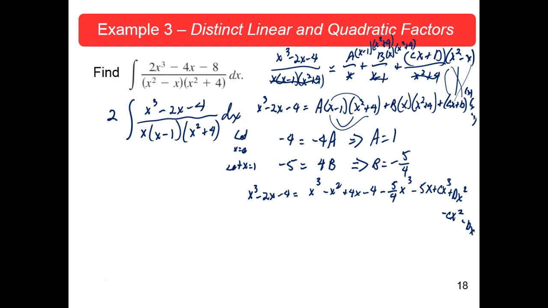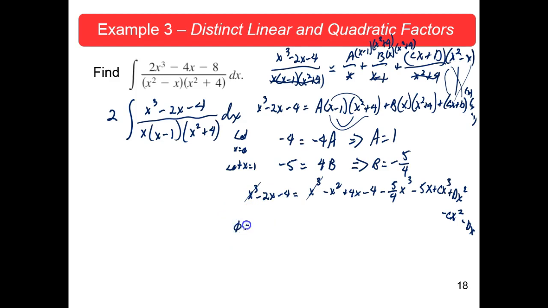Okay. So let's look at the x cubed terms alone. Well, that first one, you can subtract the x cubed from both sides and just wipe those two out. Okay. So that leaves you a 0 here.